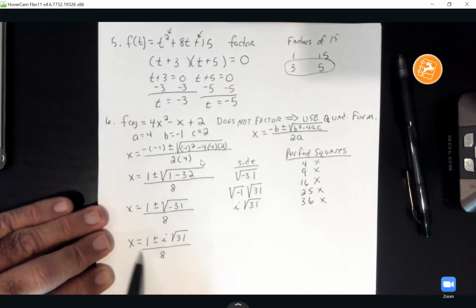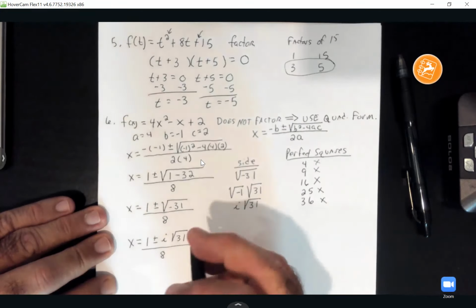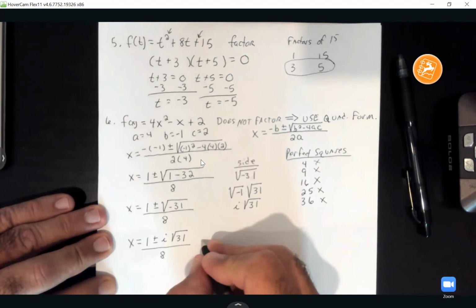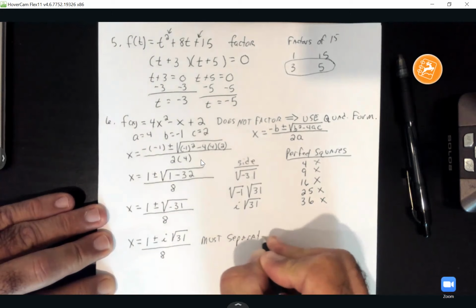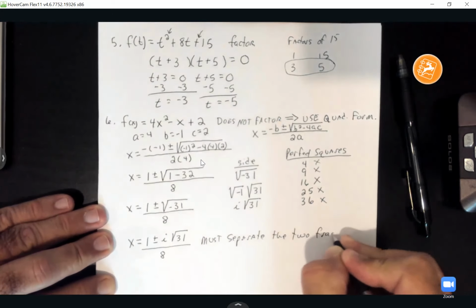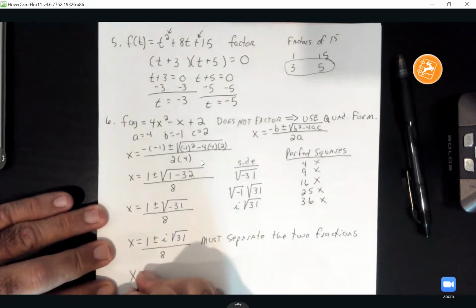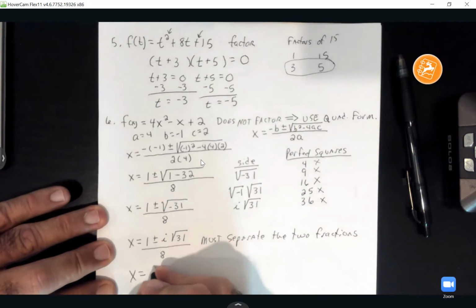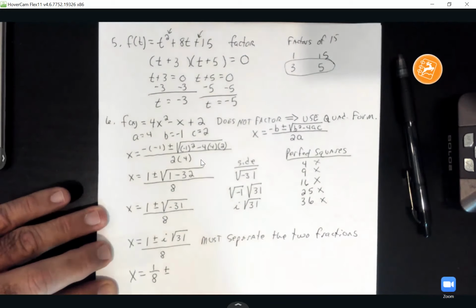This does not simplify further, but we've got to write it as a plus bi. We must separate the two fractions so that I'm going to get x equals, the first fraction will be 1 divided by 8 plus or minus.